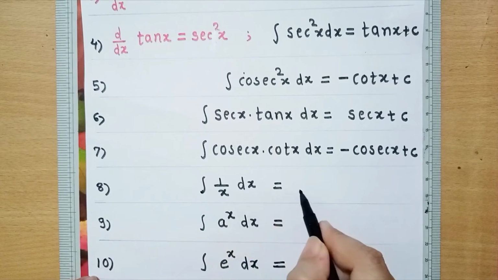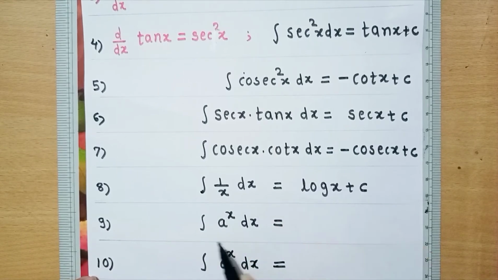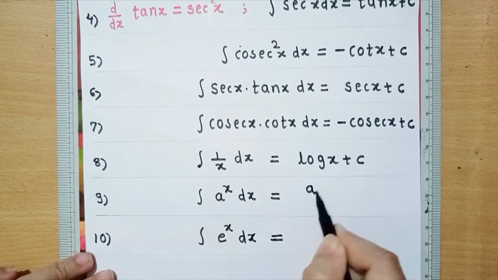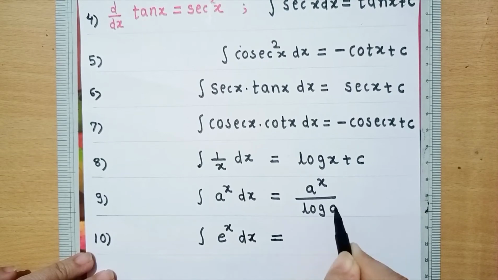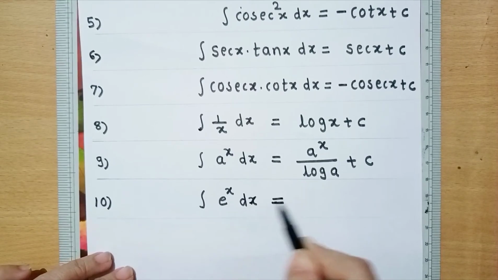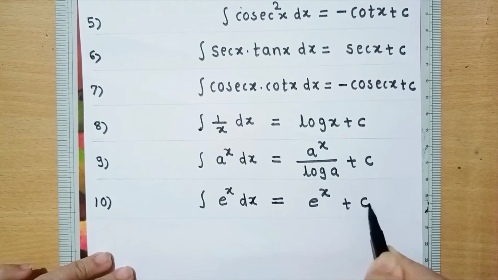Integration of 1 upon x dx is equal to log x plus c. Integration of a raised to x is equal to a raised to x upon log a plus c, and integration of e raised to x is e raised to x plus c.